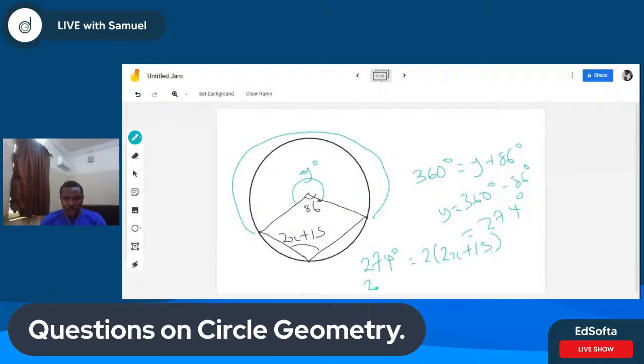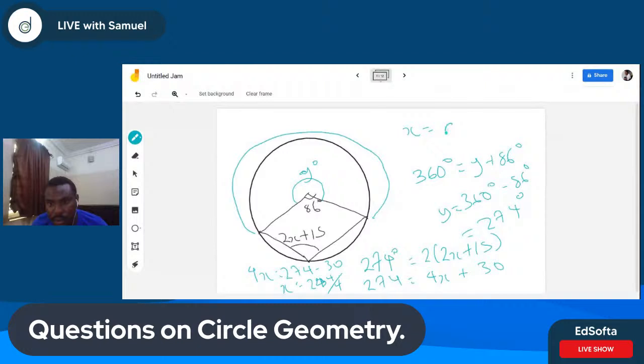So 274 is equal to 4x plus 30. 4x will be, if you bring this to this side, 274 minus 30. X will be 244 over 4, and we'll have x to be 61. That's all.